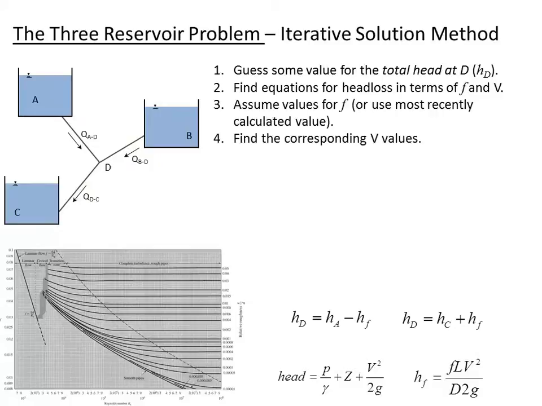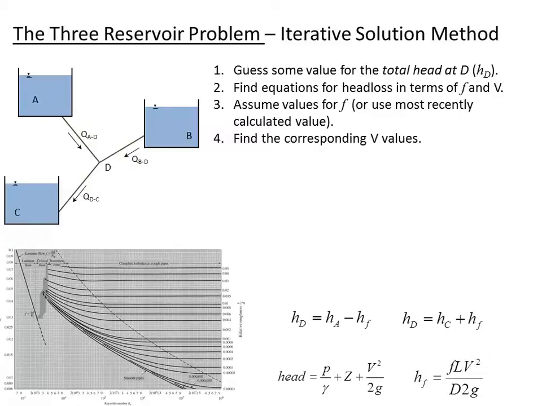And then we're going to have to assume a value for F the first time around. The second time we go through this iteration, we'll use a previously calculated value of F. You can either use the Moody Diagram to find an F value, or you can use the Jain equation to find an F value. But we initially aren't going to know the velocity, remember.